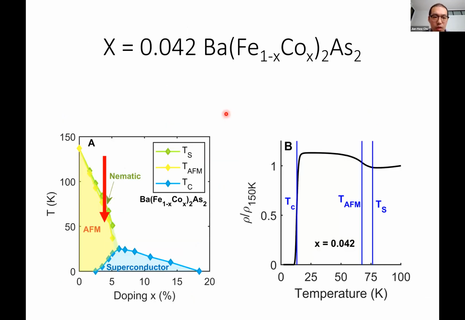So let me start with the material that already has a nematic phase and already has an antiferromagnetic phase, a composition around this part of the phase diagram. On the right is the resistance versus temperature of this material, where you can see that as you cool down, first you see an upturn corresponding to the structural transition anomalies, and then inflection points corresponding to the antiferromagnetic transition temperature, and then finally a drop at the TC around 13 Kelvin.